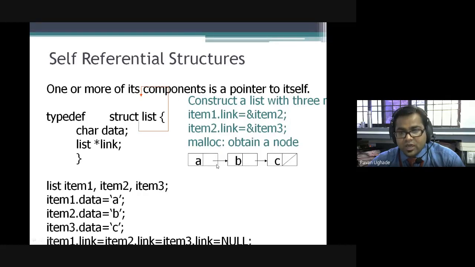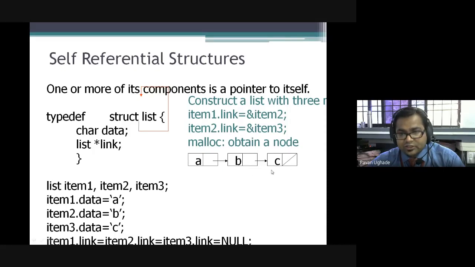So a, b, c are the structure variables which will be created here. A is a node, A is one of the items. We have item 1 dot link equals address of item 2. It will link to item 2. In the same fashion, item 2 dot link is item 3.